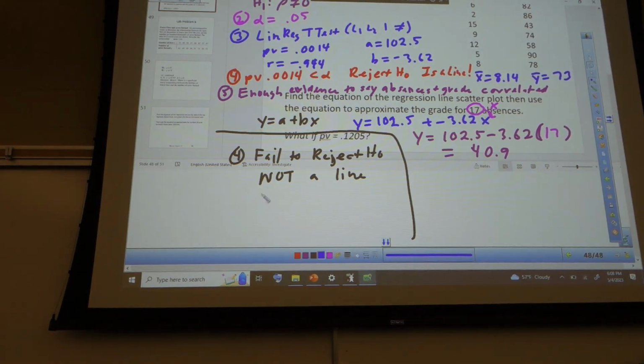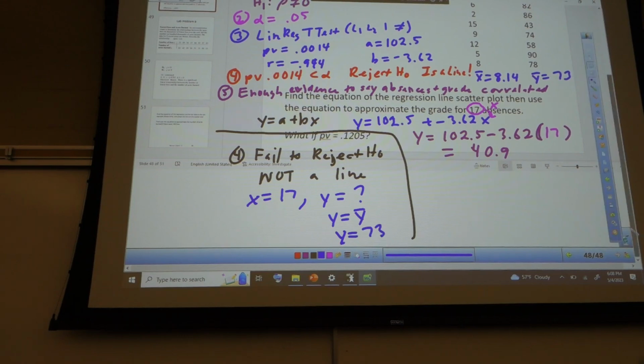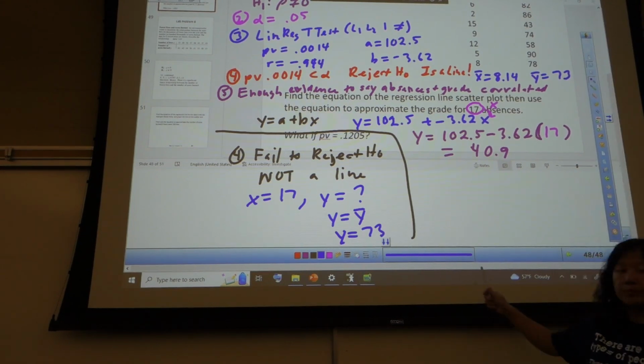Yes, so x equals 17. Does everyone kind of follow? Y would equal what? 73. Oh, okay, I see. That makes sense. Is that everyone kind of following? Okay.